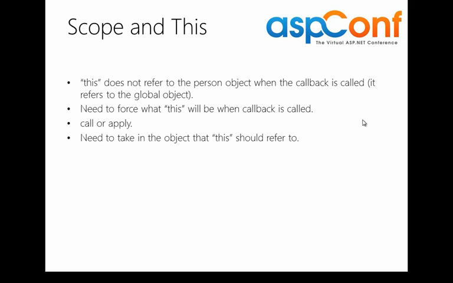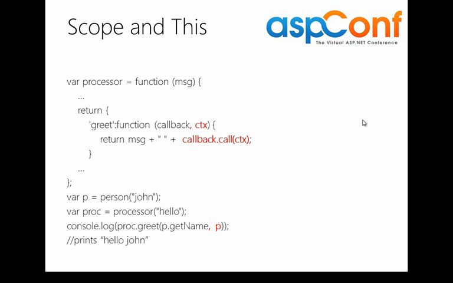And the reason this happens is that the this does not refer to the person object when the callback is called, it refers to the global object. Now we need to force what this will be when the callback is called, so you can use either call or apply. And you need to take in the object that this should refer to. So in this case, instead of simply taking in the callback, we also take in what the context should be, and then we do callback.call context.